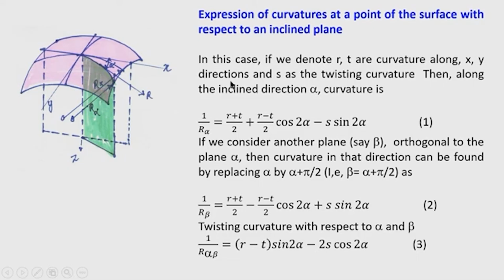Okay. So, in this case, if we denote r and t as the curvatures along the x and y directions, and s as the twisting curvature, which is del square z by del x del y, then along the inclined direction alpha, the curvature is 1 by r alpha equal to r plus t divided by 2 plus r minus t by 2 cos 2 alpha minus s sin 2 alpha.